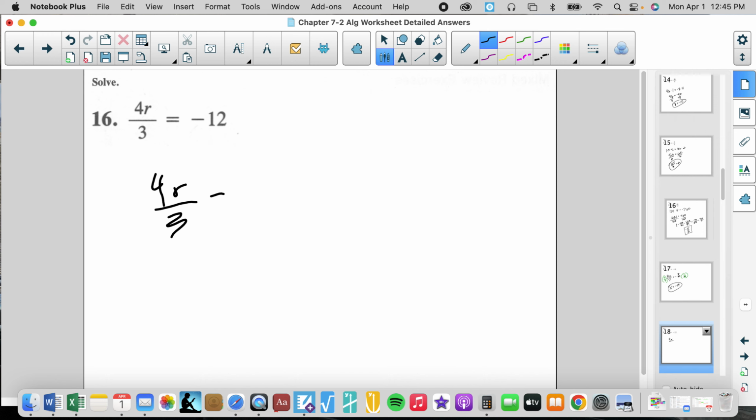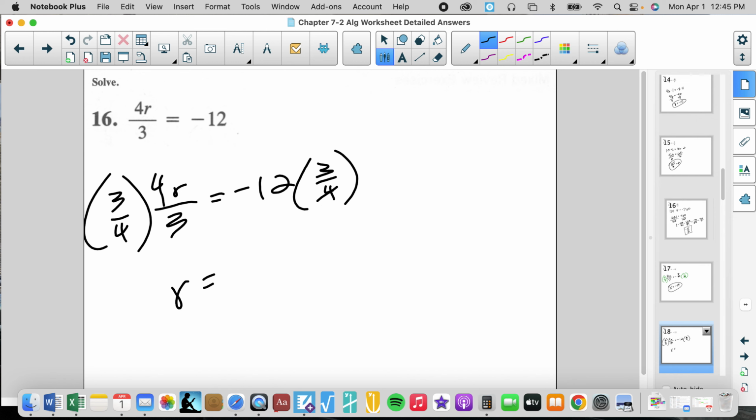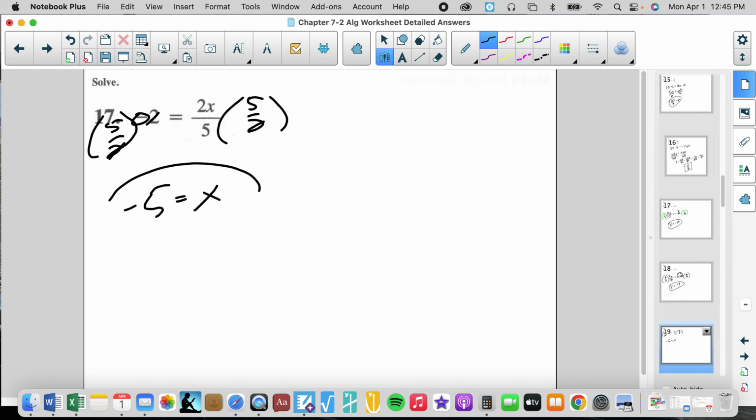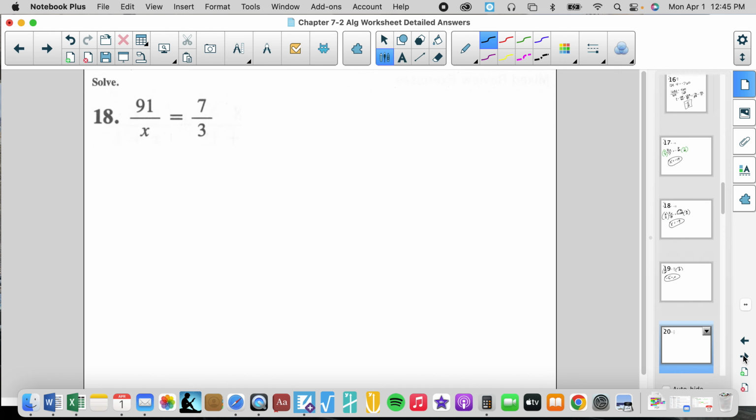So if we can utilize the reciprocal property, let's take advantage of it. -3 times 3 is -9. Multiply by 5 halves, multiply by 5 halves, 2's cancel, don't forget that, -5. And that makes sense too.